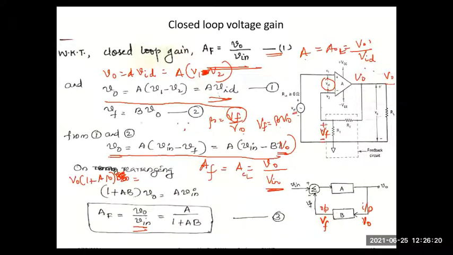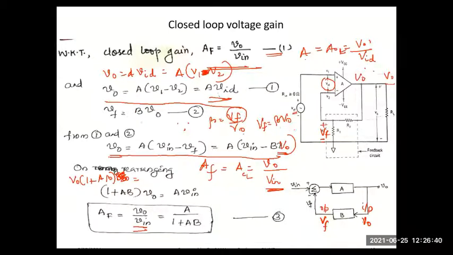So how will I define this transfer function B? B can always be written as Vf by V0. In other words, I can write the voltage Vf as B times V0 or beta times V0. Okay. So that is equation 2.